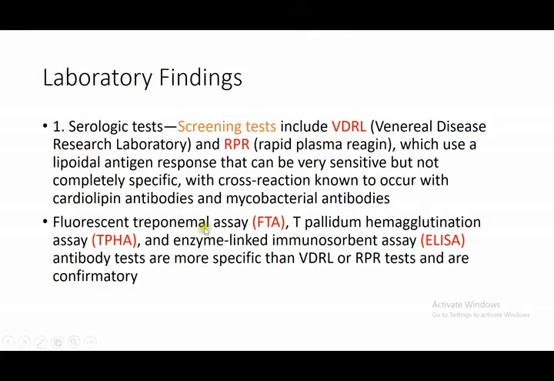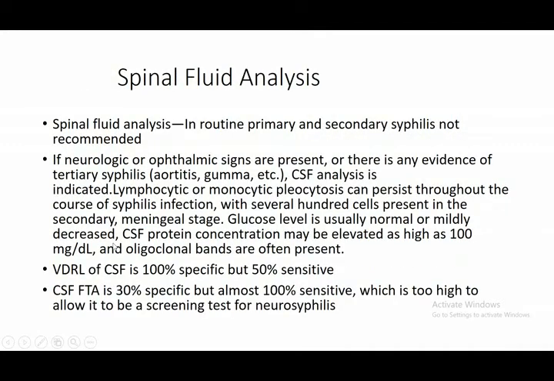The antibody assay tests, fluorescent treponemal antibody absorption assay, FTA, Treponema pallidum hemagglutination assay, TPHA, and enzyme-linked immunosorbent assay, ELISA, are more specific than VDRL or RPR and are more confirmatory compared to these screening tests. VDRL and RPR are also sensitive, but not as specific as FTA, ELISA, and TPHA in serology.